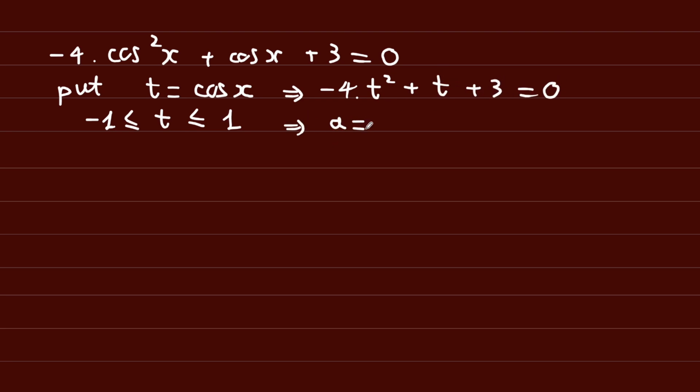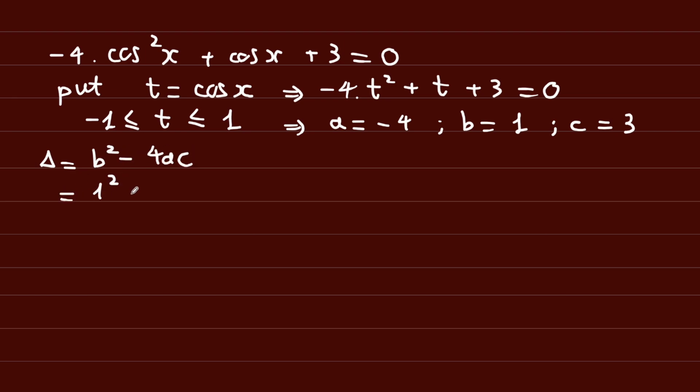This corresponds to a quadratic equation. a will be minus 4, b equal to 1, and c equal to 3. The discriminant will be b squared minus 4ac. b squared means 1 squared minus 4 times a, which is minus 4, and the last term is 3 here. So here is 1 plus 16 multiplied by 3, which is 48. This means the discriminant is 49.